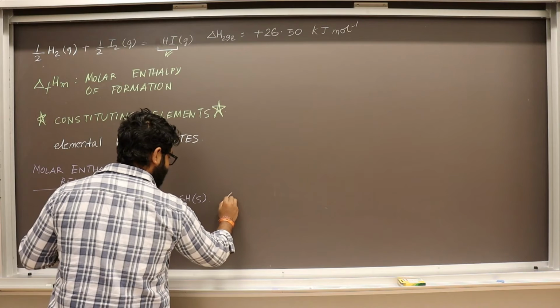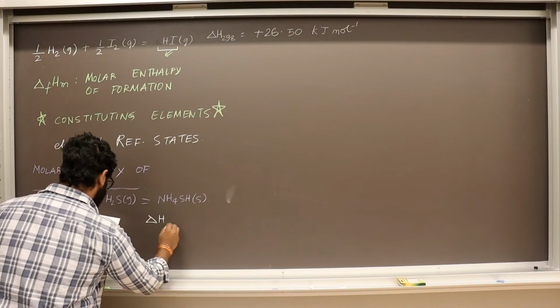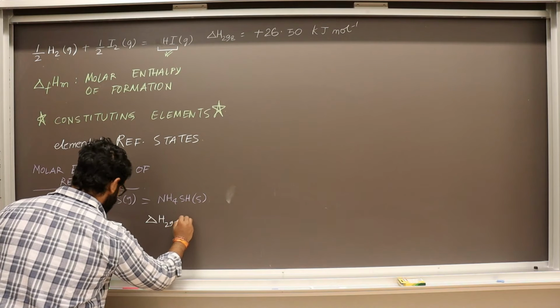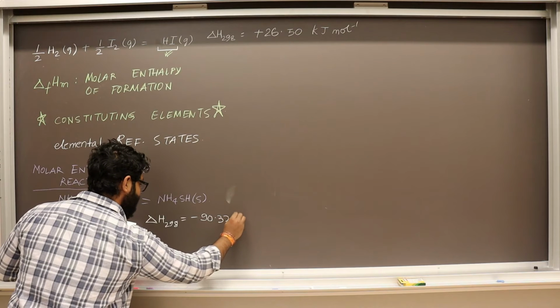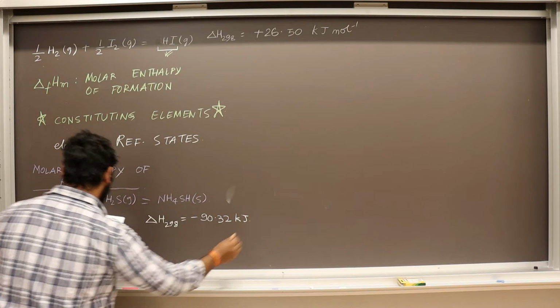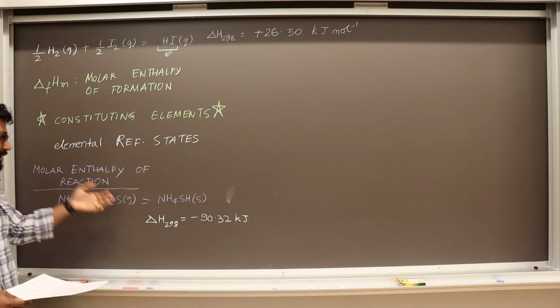The delta H of this equation at 298 is minus 90.32 kilojoules. This is a general reaction, with any two reactants producing this product, and there is an enthalpy change associated with this reaction.